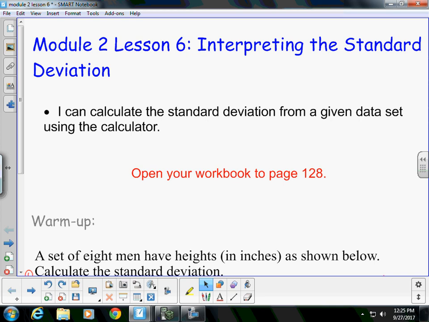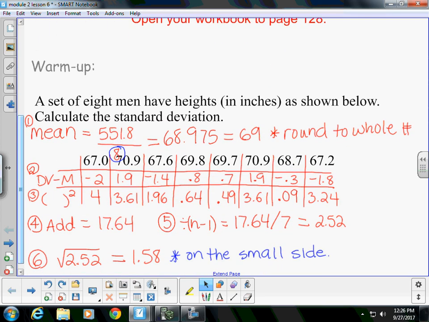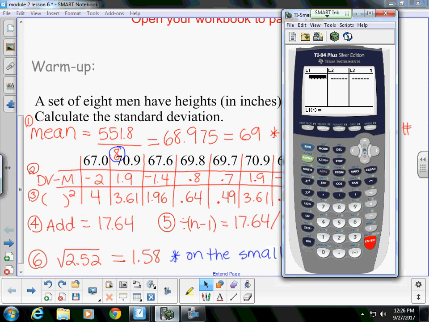So to do that, go back and look at my list here on my warm-up. So I'm going to enter in each of these numbers.